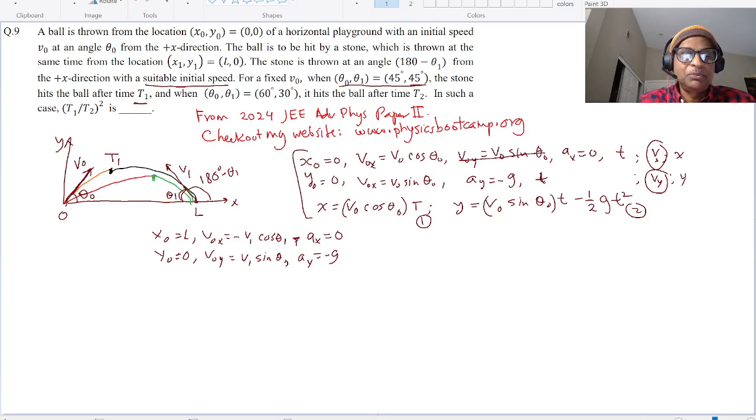And if you don't want to get confused, we might put a bar here just to distinguish these guys from the other guys.